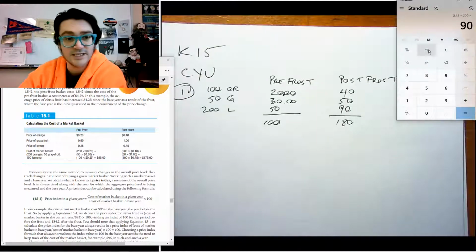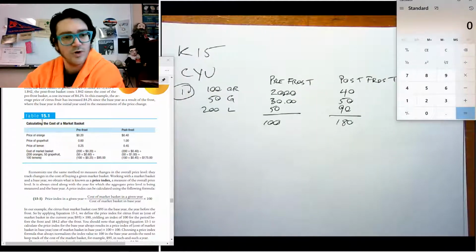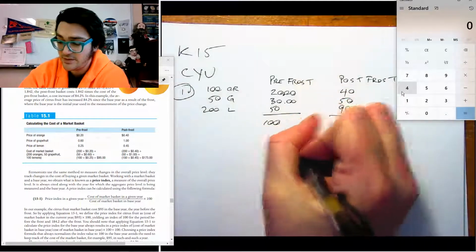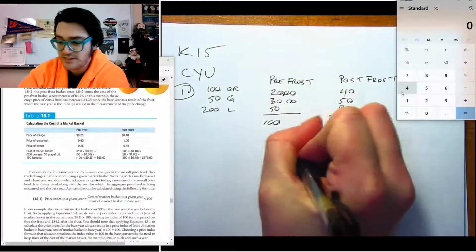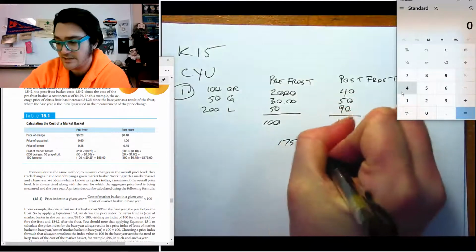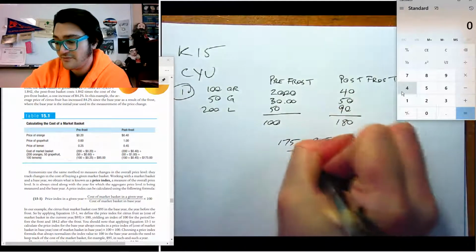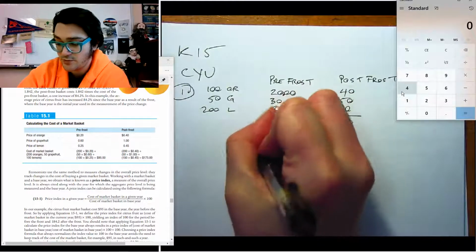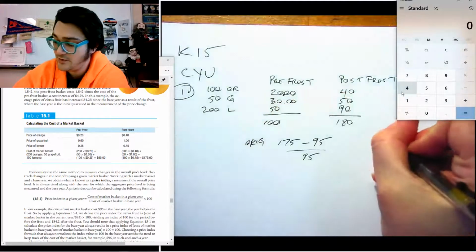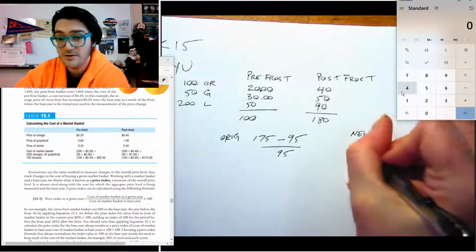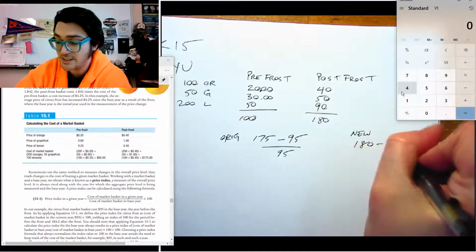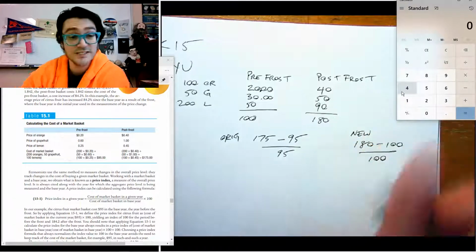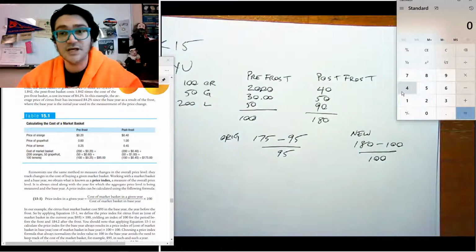In fact, we can calculate and see what the change would be here. We used to say the new is 175 minus 95 over 95. That was the original one. And now the new one is going to be 180 minus 100 over 100. This is going to be our percent change in the inflation rate.